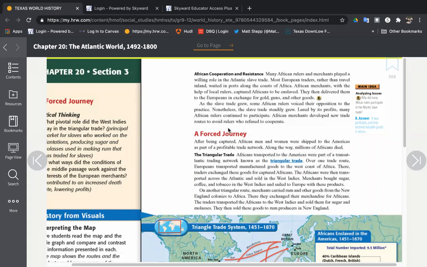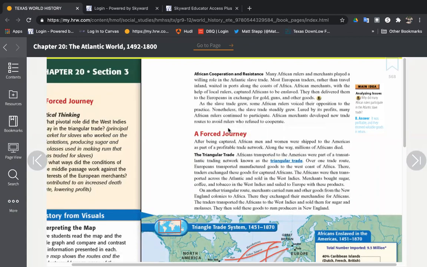All right. The triangular trade. That's number 4. What was the triangular trade and how did it work? Basically, this is how it worked. Started at point 1. There were raw materials and raw goods in Europe that they would load up on a ship and take down to Africa.